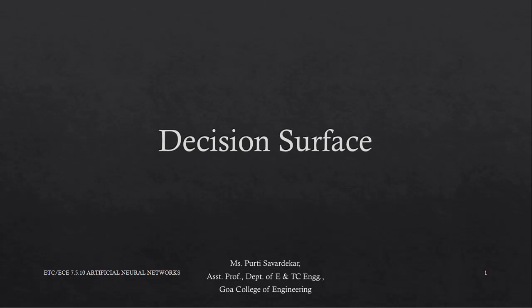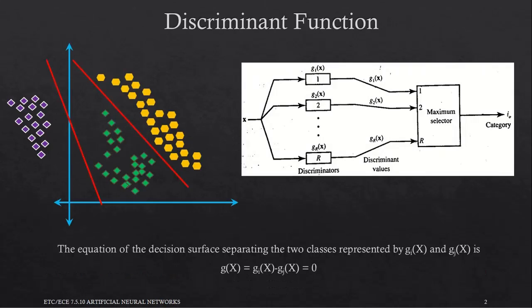In the last class, we studied that in a pattern recognition system, the classifier identifies the pattern space as a space with decision regions which are separated by decision surfaces. We learned that each decision region is represented by its discriminant function gi of x.